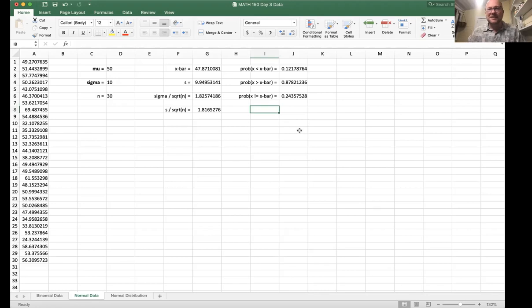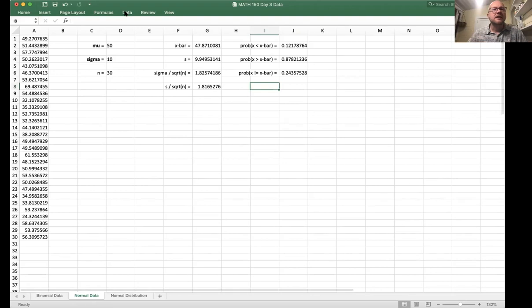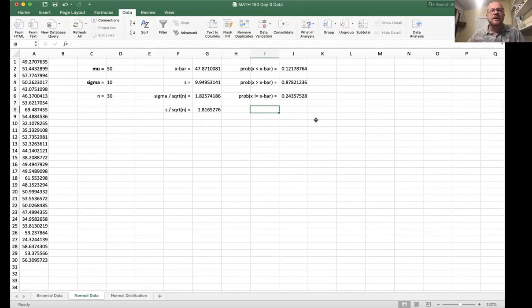This is referred to as a z-test. You might find out that the z-test is not automatically in your machine or in your installation. If that is the case, then you may end up needing to do a little bit of extra work in order to get the statistical analysis tool pack.